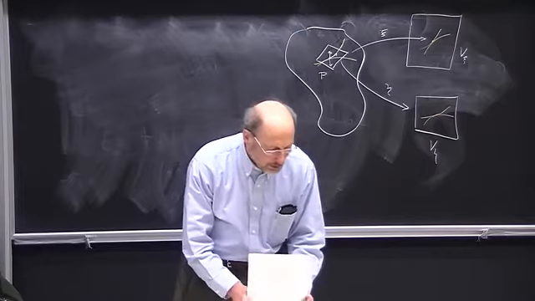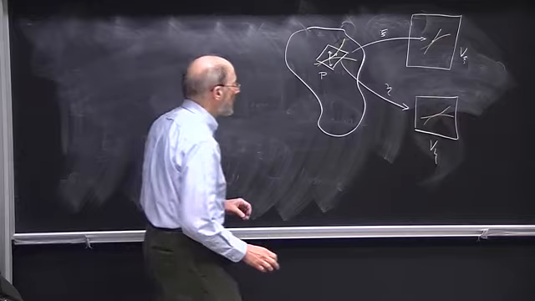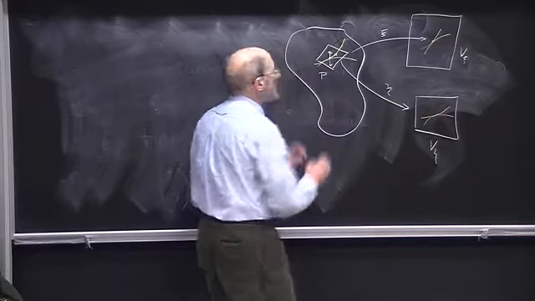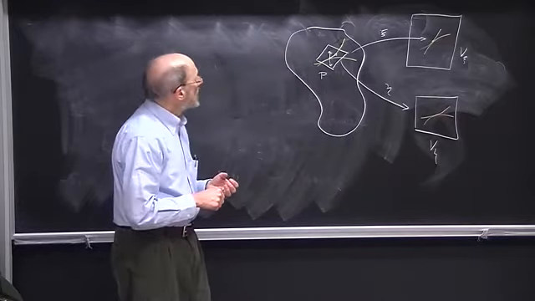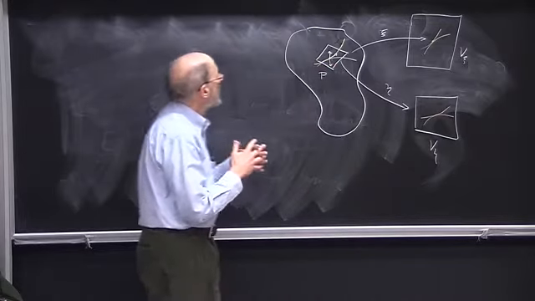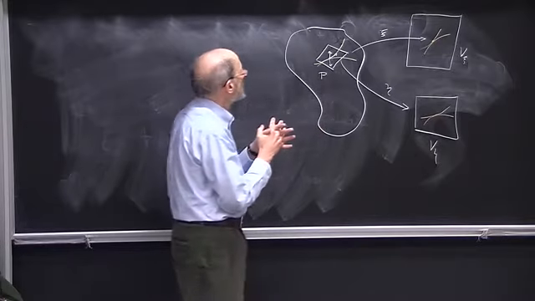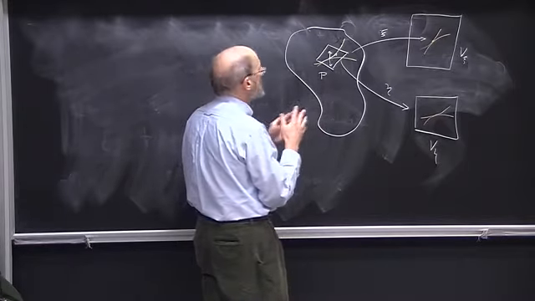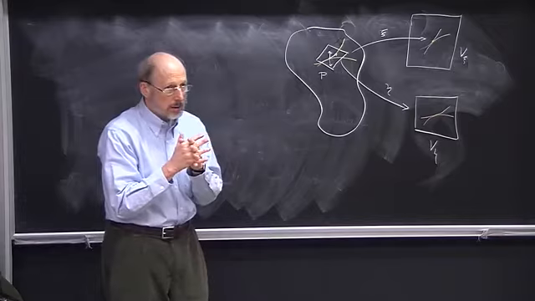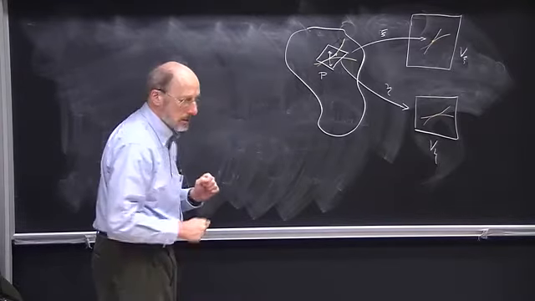But first, I want to finish the development. We defined vectors, but we haven't really defined a tangent space yet. That is, we have the elements of the vector space, but we haven't shown in what sense it is a vector space, meaning in what sense you can add vectors and subtract vectors and multiply vectors by scalars.